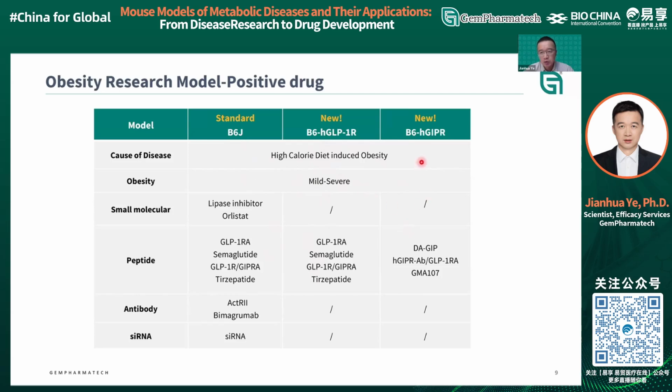On the humanized GIP receptor mice, we tested a long-acting GIP, and we also tested a drug named GMA107, which is a fusion of a human GIP receptor antibody and a GLP-1 receptor agonist.